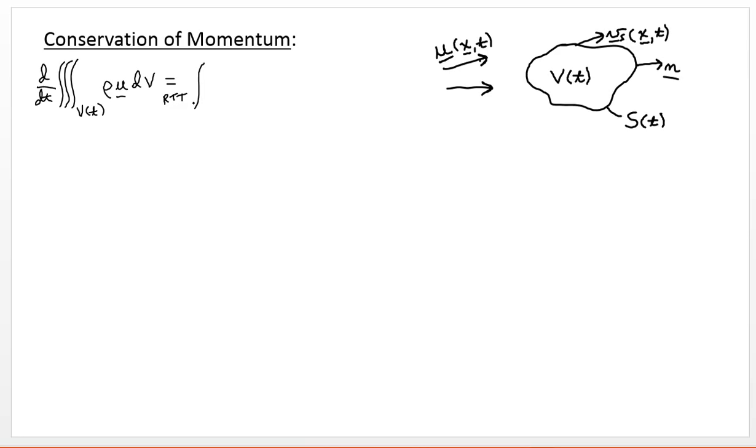So we get the integral over V(t) of the partial derivative of rho u, dV, plus a term that accounts for the variation of the domain of integration V(t) with time.